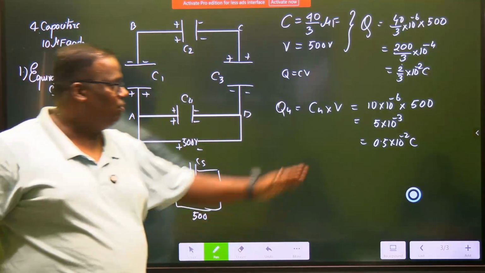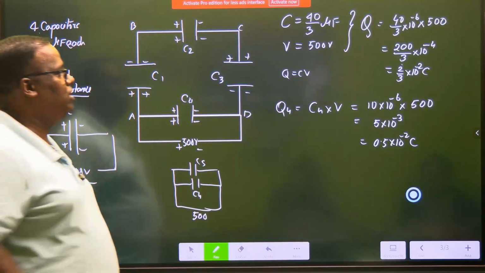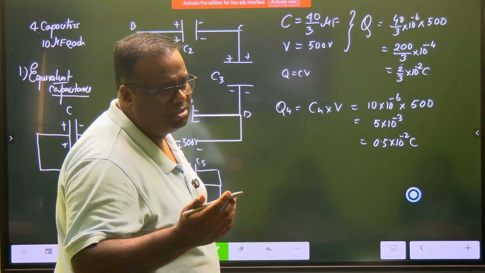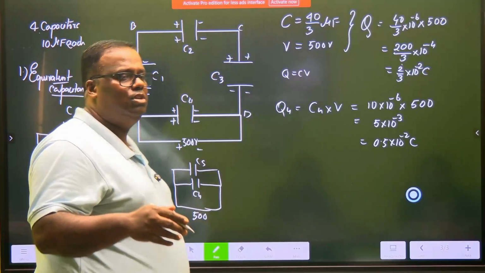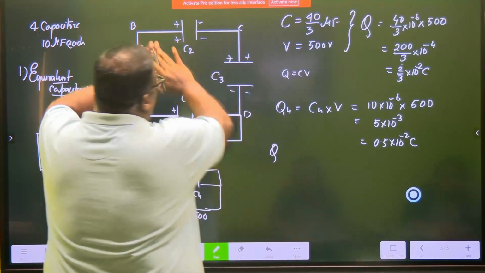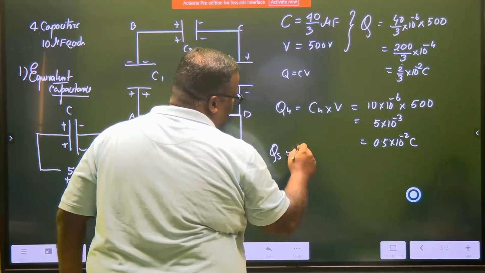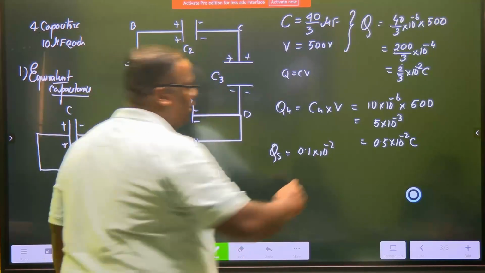So 0.5 into 10 to the power minus 2 coulomb is the charge here. So if we subtract these two, 2 by 3 means how much? 0.6. 0.6 minus 0.5 is 0.1. So the charge that is flowing here, say QS, should be 0.1 into 10 to the power minus 2 coulomb.